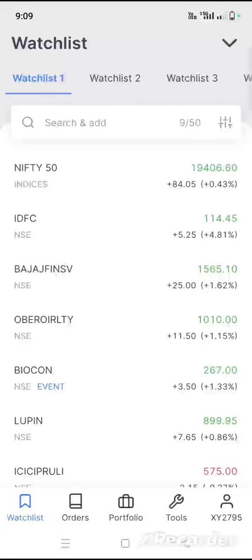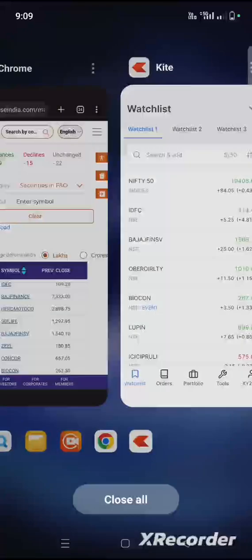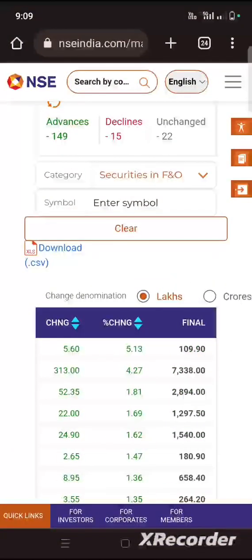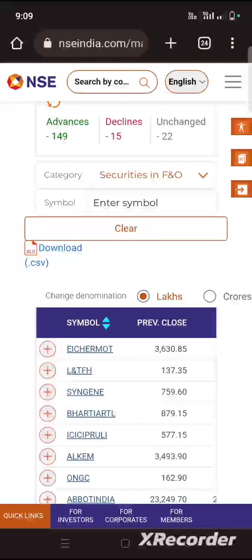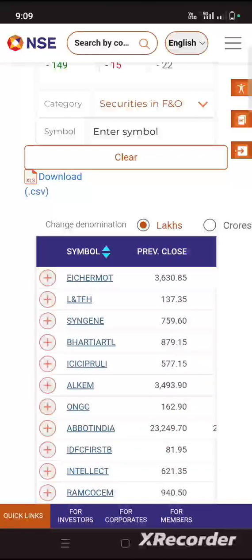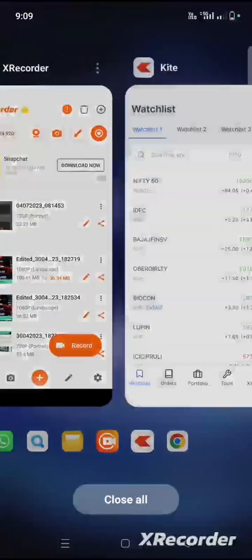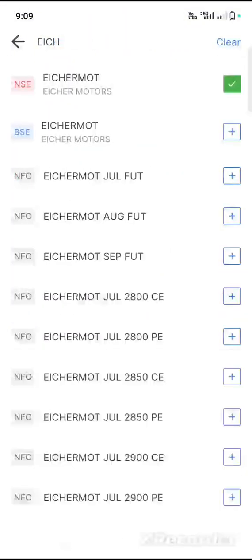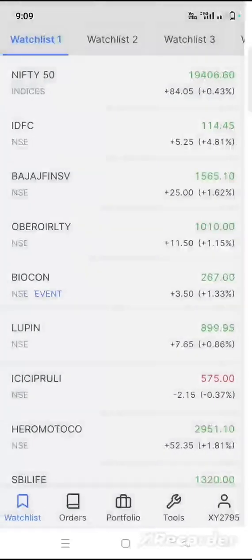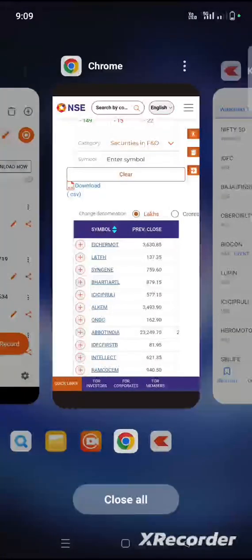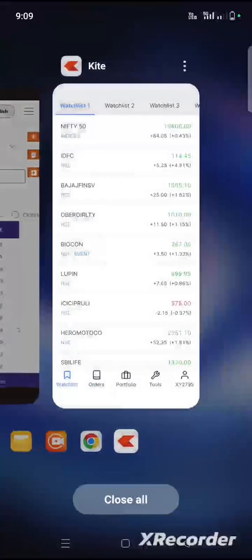So this is the pre-market analysis. We'll check the top losers. We got a new entry for top losers, that is iShares. Which is another one, LNTFT.